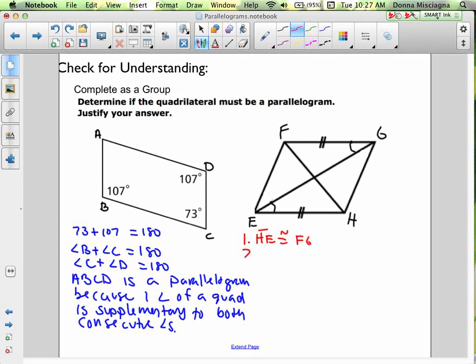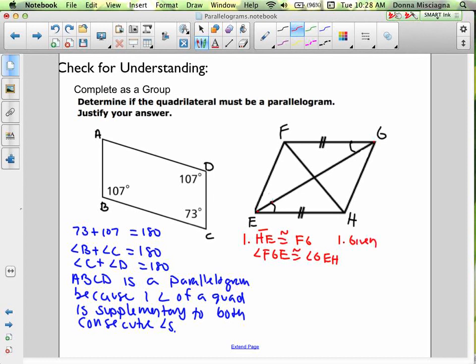We're also given, I can just put this as one step, that angle FGE is congruent to angle GEH. So that was given.